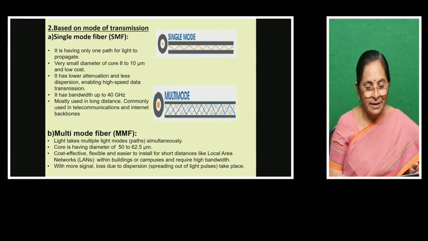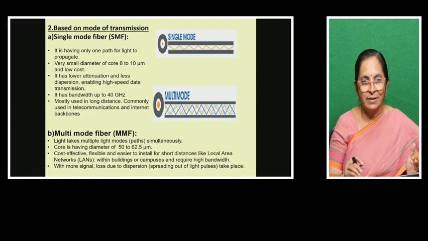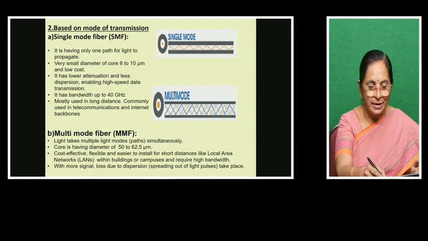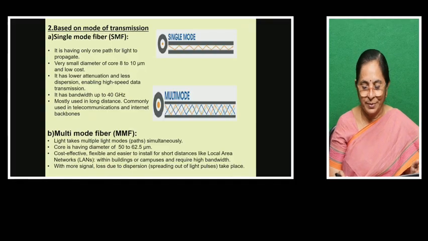It is cost effective, flexible and easier to install for short distances like local area networks. Within a campus, if you want to connect all the computer systems, local area networks will be used. So in that, this type of multi-mode optical fiber will be used. With more signals, there will be a lot of dispersion. That is the drawback of multi-mode optical fiber.